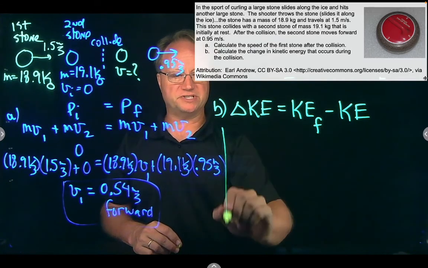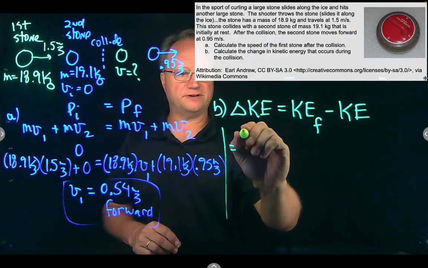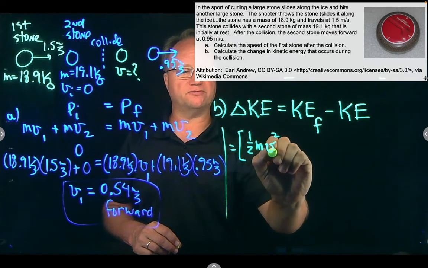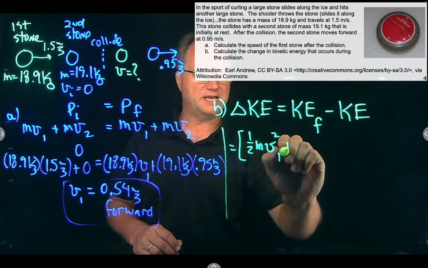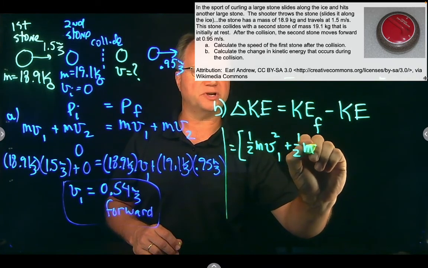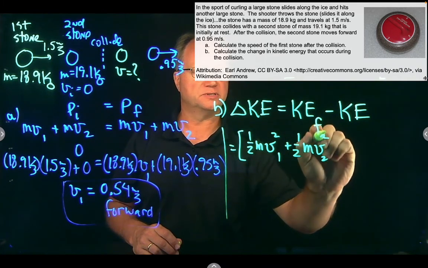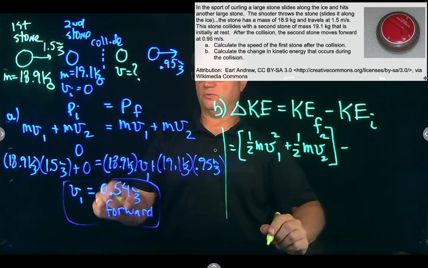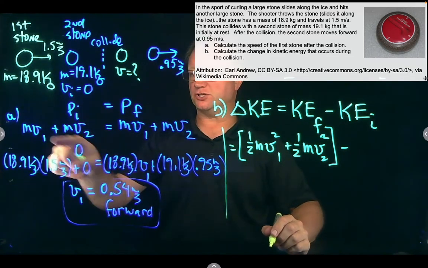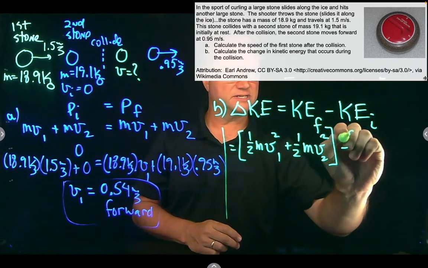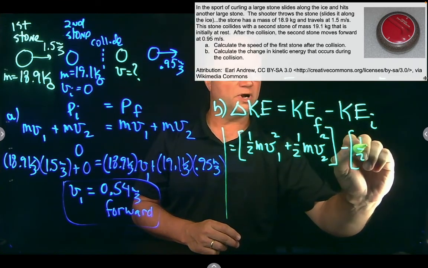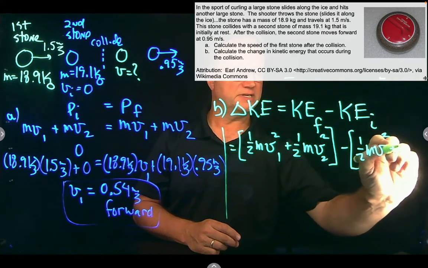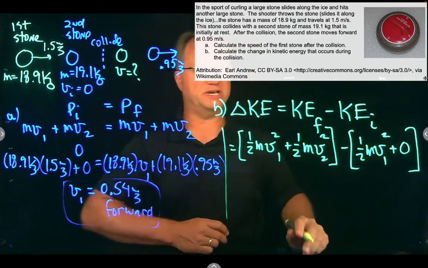More specifically, the final would be 1/2 m v squared for object 1 and 1/2 m v squared for object 2, minus the initial. Object 2 is not moving initially, but object 1 is. So then 1/2 m v1 squared, and then 0 for object 2.